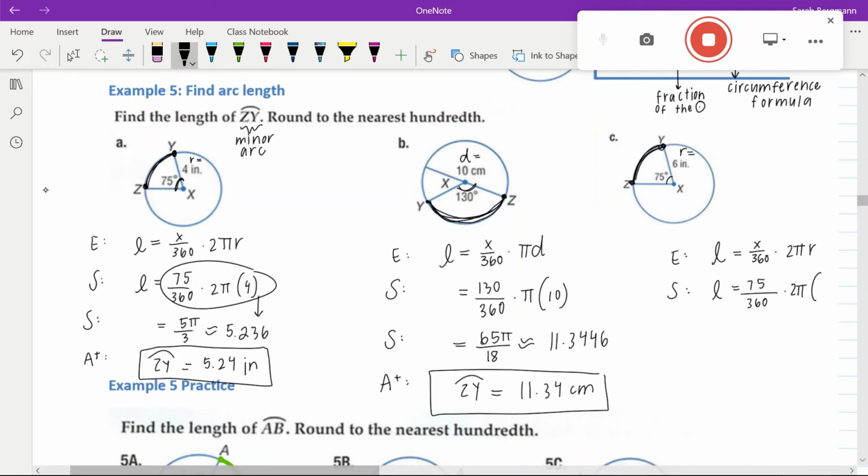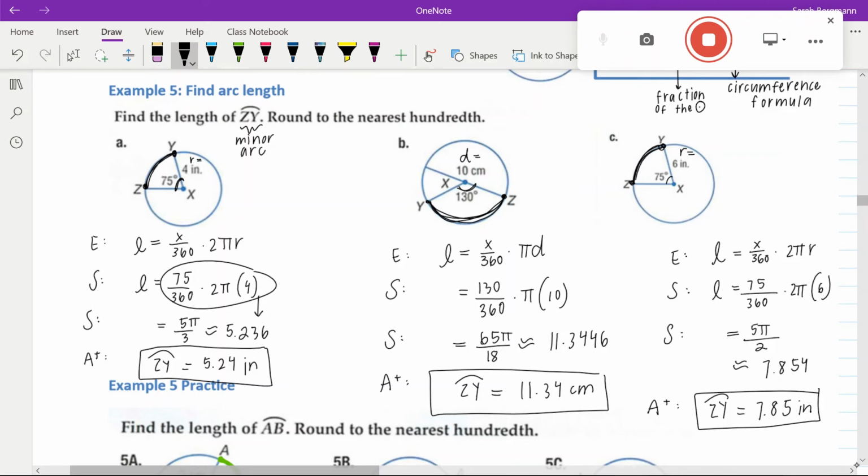The radius is 6 inches. To solve this, the exact answer would be 5 pi over 2. The approximate answer is 7.854. So the answer with units is that arc ZY is equal to 7.85 inches.